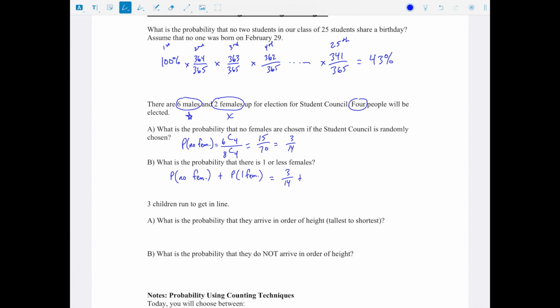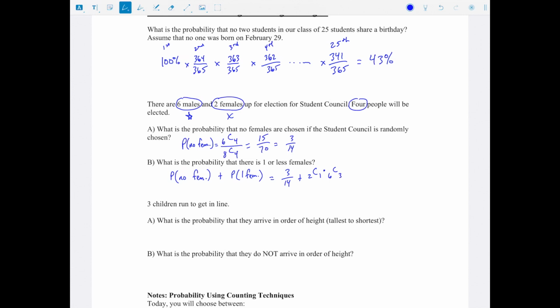So the probability that there is 1 female would imply, well, okay, let's start with the 2 females. So we have 2 females and they're choosing one of those positions. And so we multiply. We have to look at the big picture because it could be male ABC or male ABD or male ABE. And each of those would be different student councils. So we have to look at the big picture of, well, how would the males play into this?